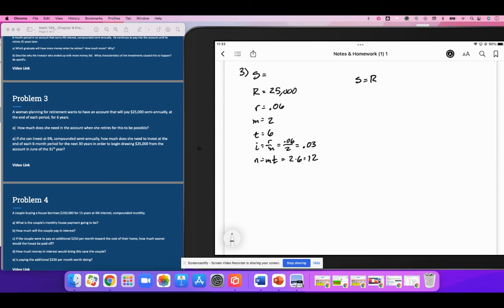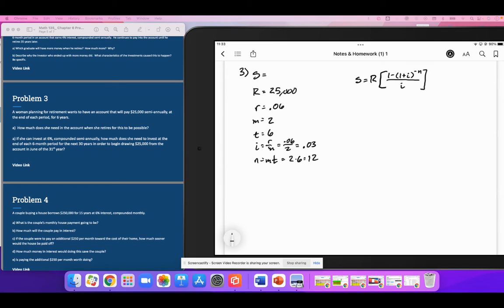So we've got S equals R times 1 plus, no, got to look at my formulas real quick. 1 minus, yeah. So 1 minus 1 plus I to the power of negative N over I. I can never memorize these things.